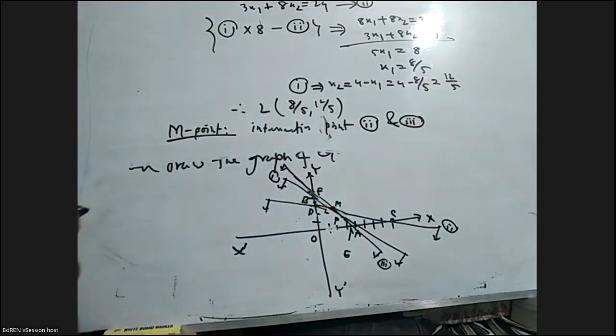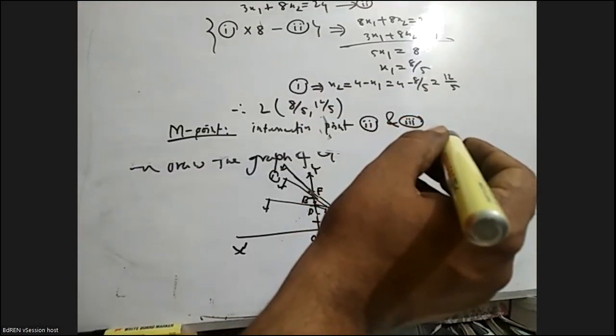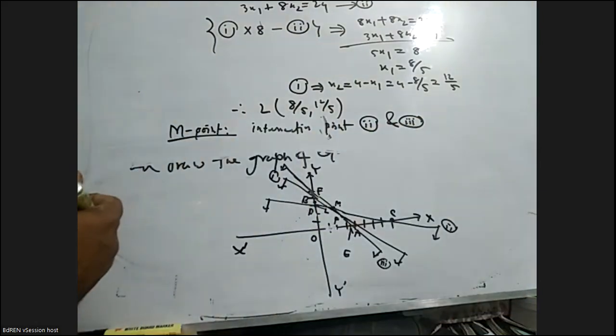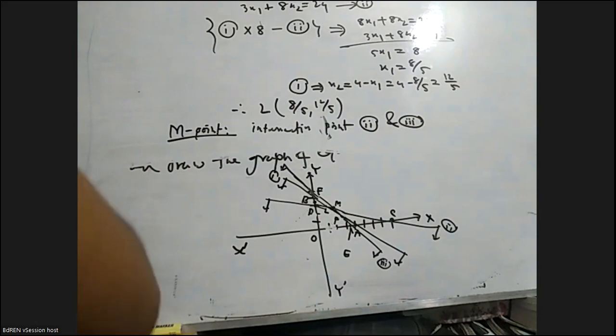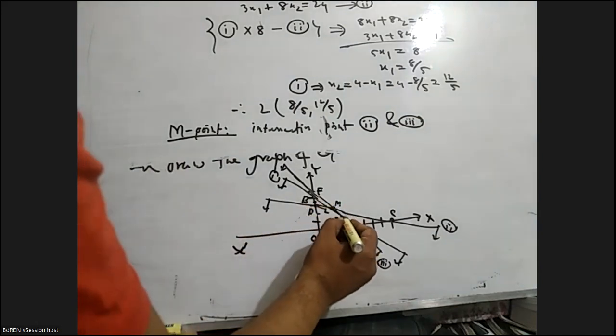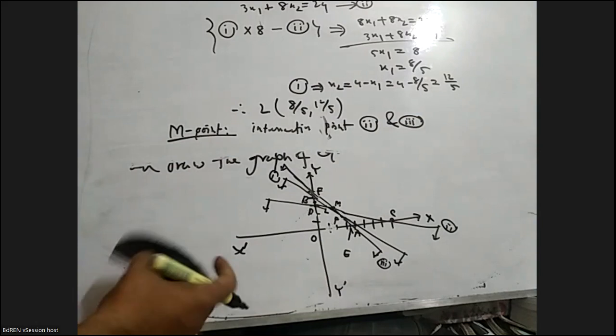Just solving 2 and 3, we get the M point. And another point, P point, is the intersection point of what? 3 and 1. Remember this.